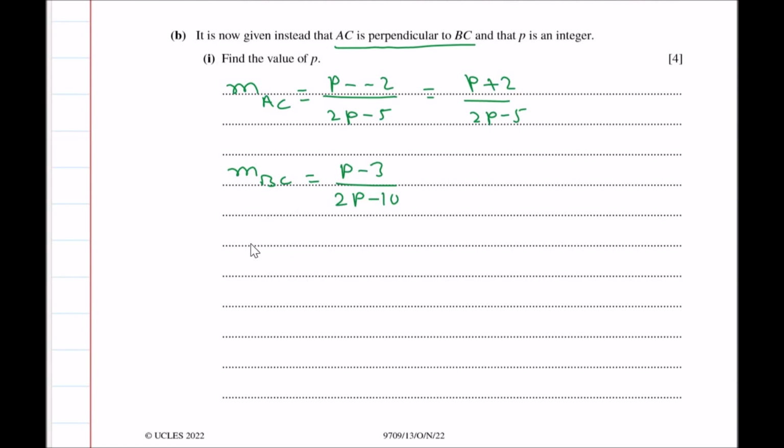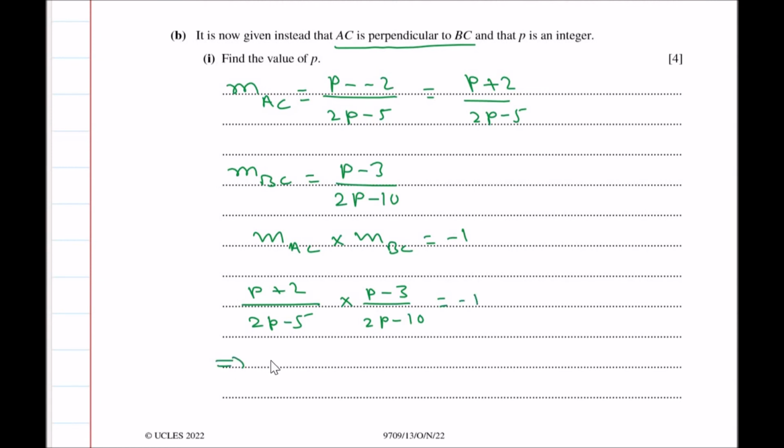Now they are perpendicular, so M AC into M BC is equal to -1. So we write (p plus 2) divided by (2p minus 5) into (p minus 3) divided by (2p minus 10) is equal to -1.